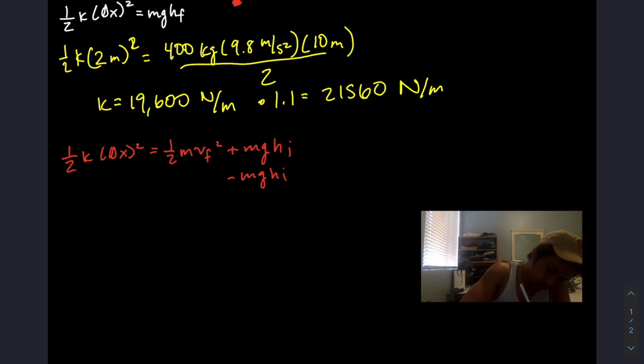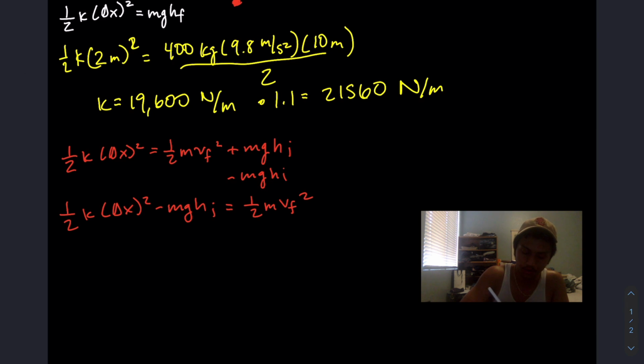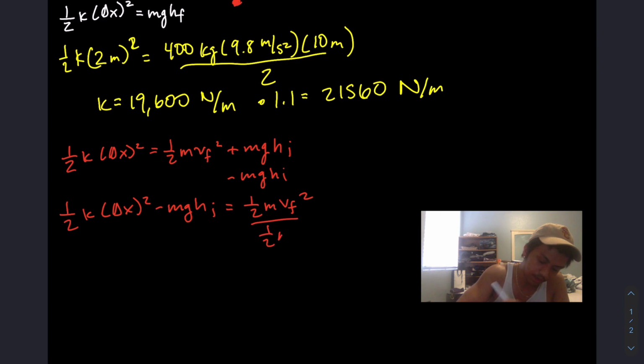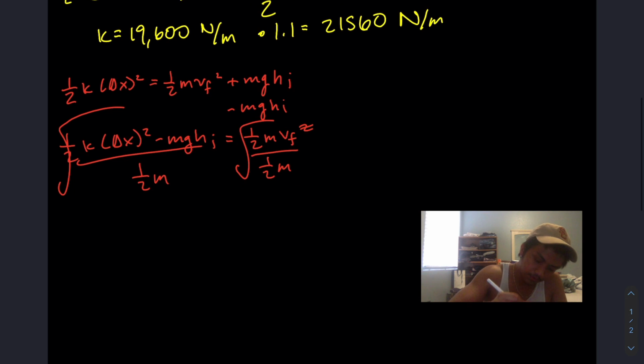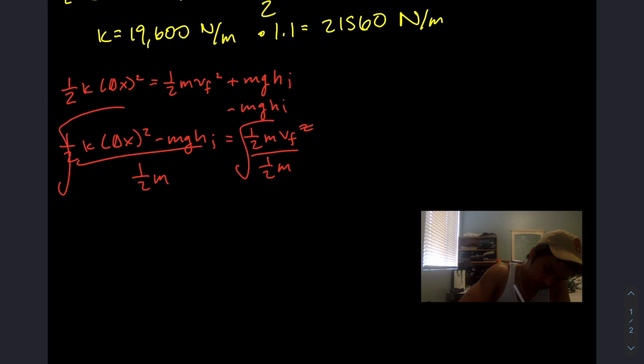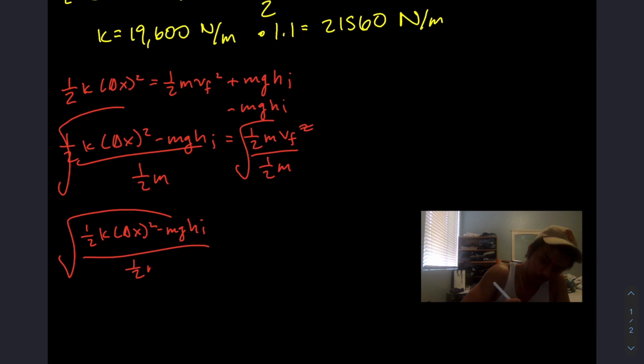You'll have 1/2 k delta x squared minus mgh equals 1/2 mv final squared. To solve for v final, you divide by 1/2 m and then square root it. So you'll have the square root of 1/2 k delta x squared minus mgh, all over 1/2 mass.